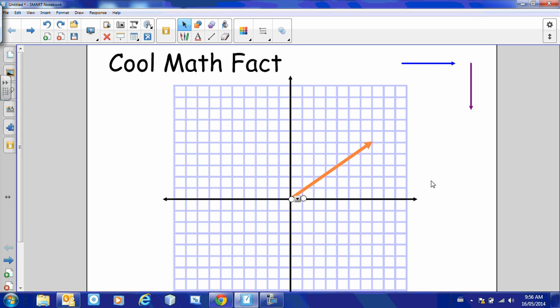If there's a single vector going this way, I need 7 of those to get across. And then I have 1, 2, 3, 4, 5 of these flipped around and made smaller.